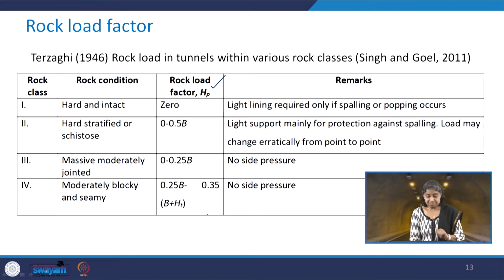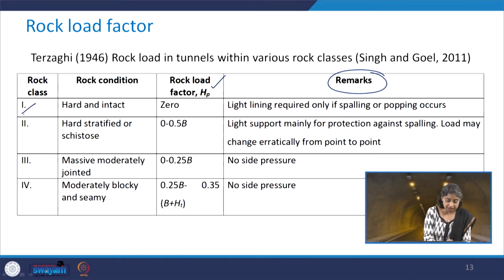Now, let us take them one by one. This table also includes a remarks section, which gives us the idea that if this is the type of rock, then what may be the appropriate support system.